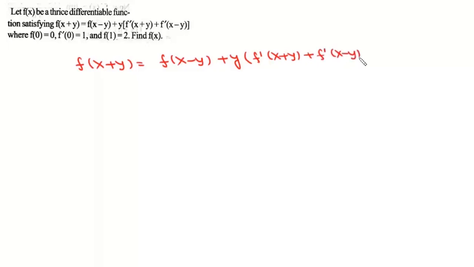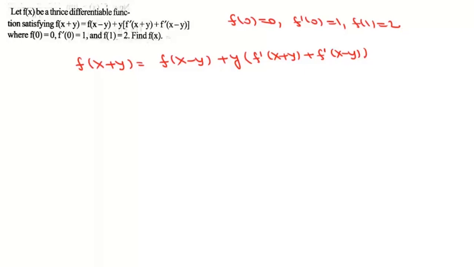Now here the question is, we are given this function f, which is thrice differentiable, and it says f(x plus y) equals f(x minus y) plus y into f'(x plus y) plus f'(x minus y). And in this, we are given that f(0) is 0, f'(0) is 1, and f(1) is 2.